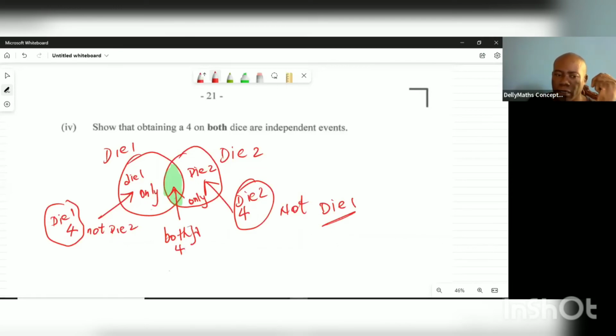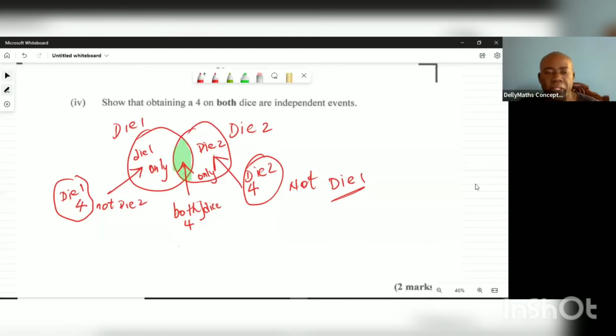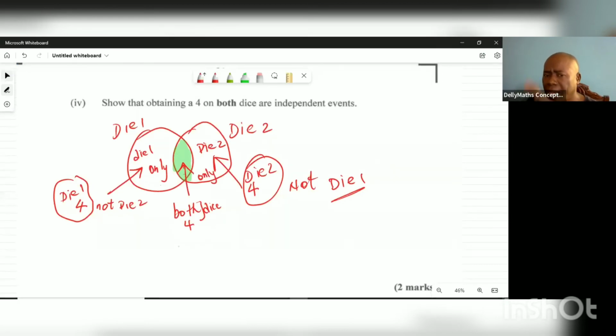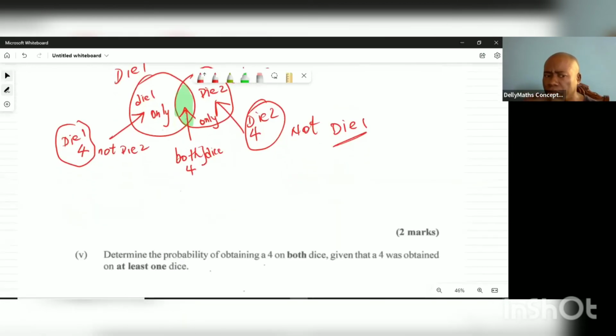Let's put dice, because I think both means plural, right? So there it is. This is you understanding that you have the die 1 only part of your set, die 2 only, and both. So this is showing you that it's independent for real. And if you really think about it, it's really independent because we could really throw the dice. They don't mingle. Getting the fours don't really mingle.